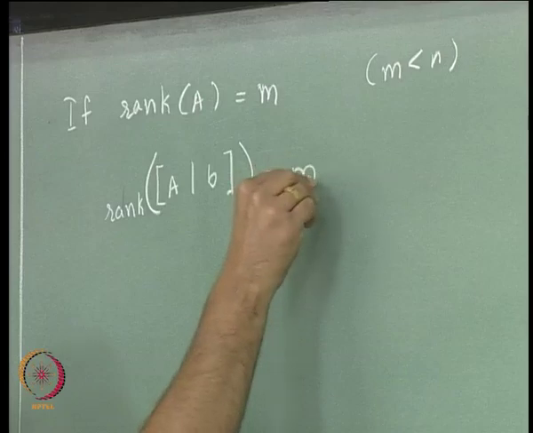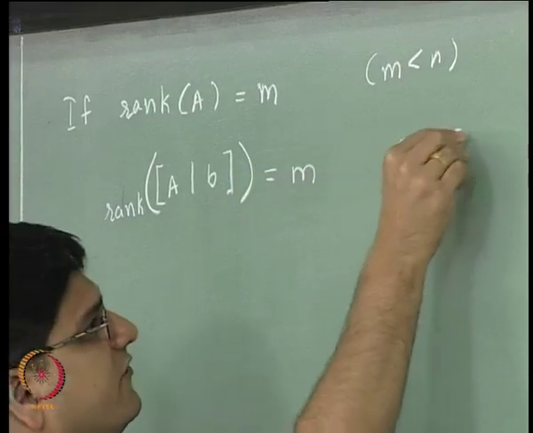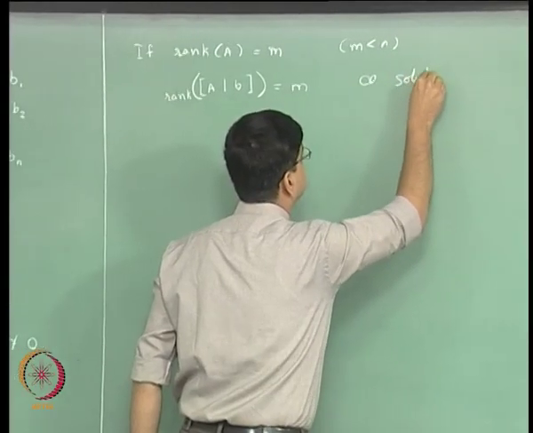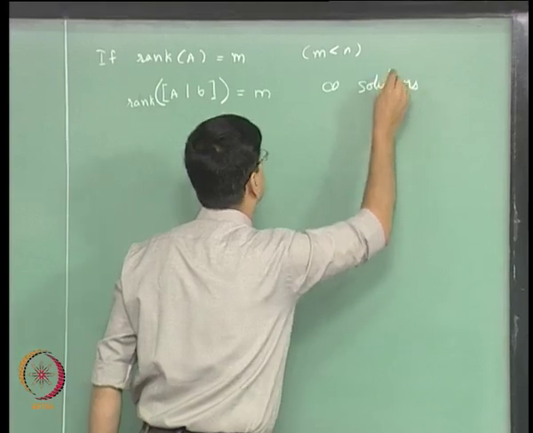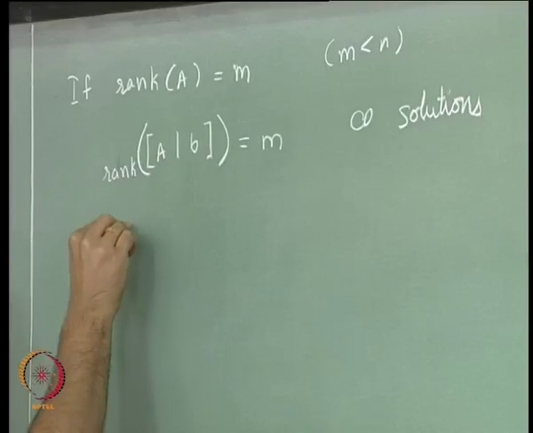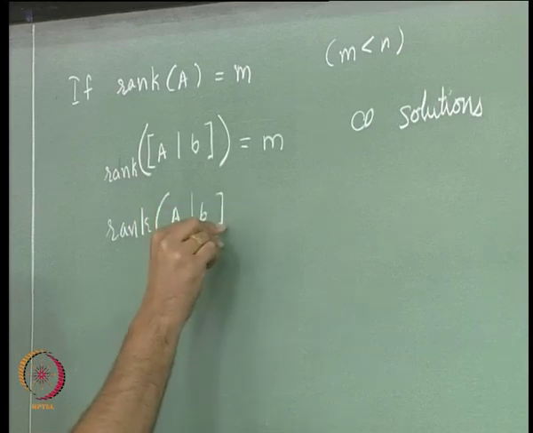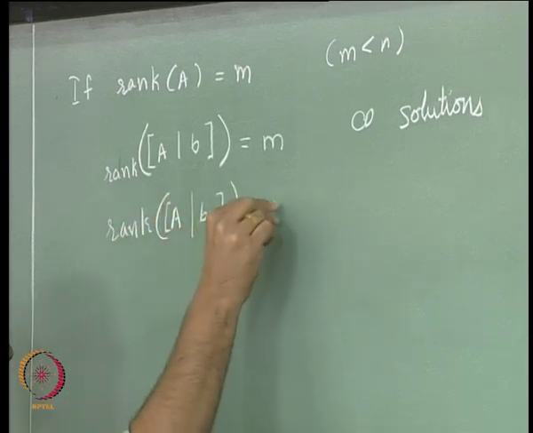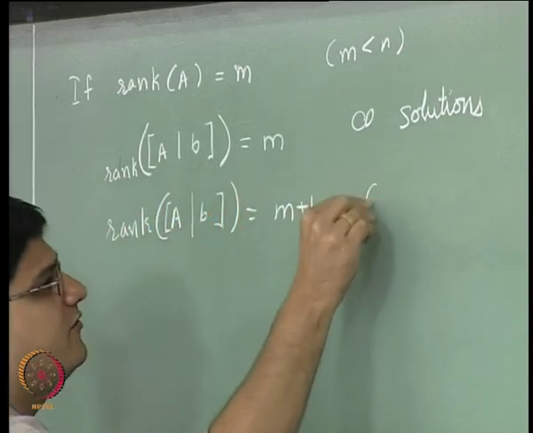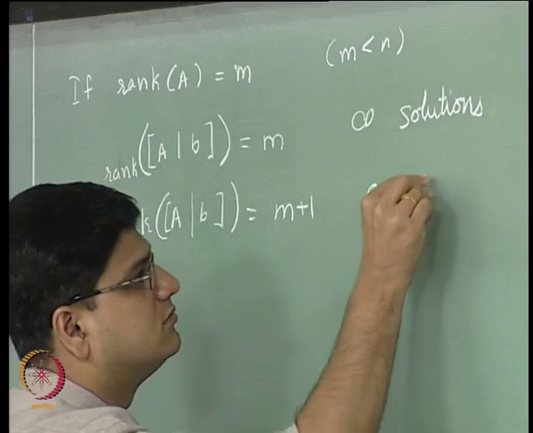Rank equal to M, then we have infinite solutions, and if rank of this matrix equal to M plus 1, we have 0 solution.